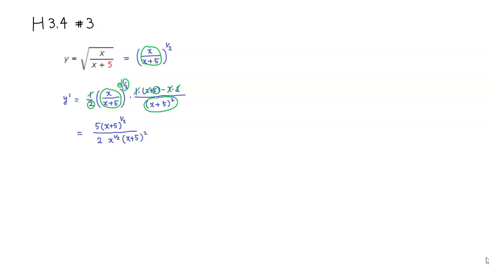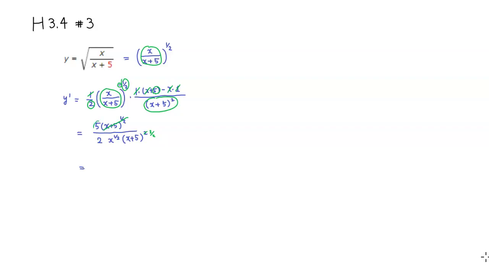We can clean this up a little bit further. Here we have x plus 5 to the 1/2 power, and so we can cancel that, and then we have the square here. 2 minus 1/2 is going to be 3/2.